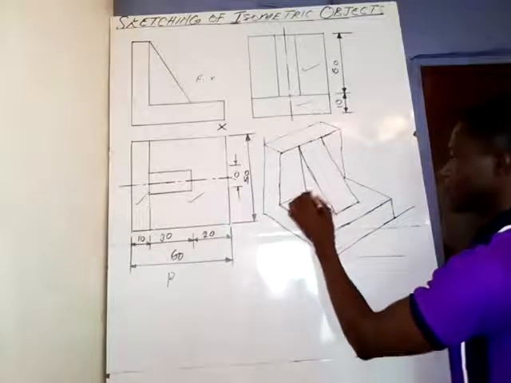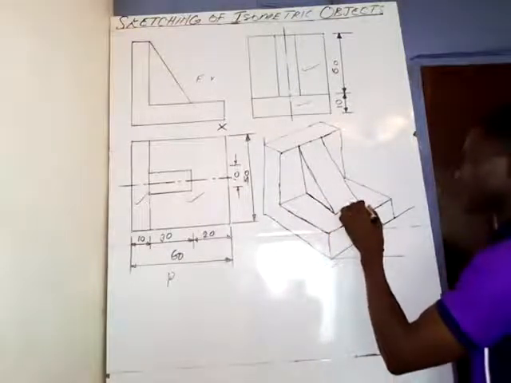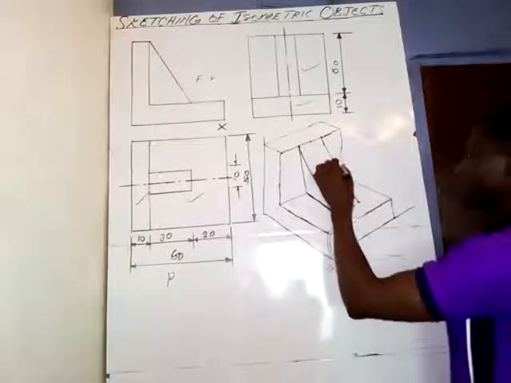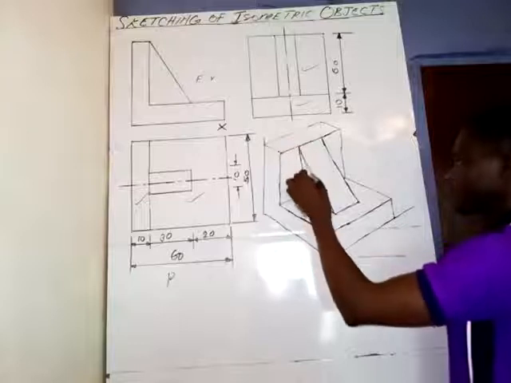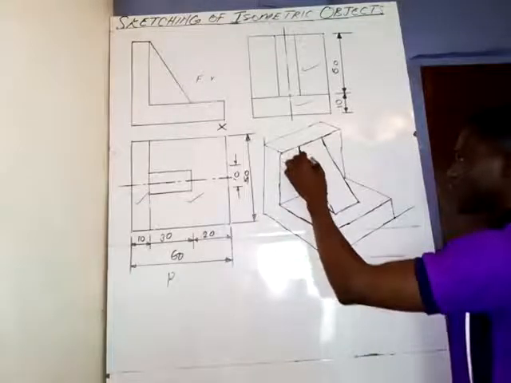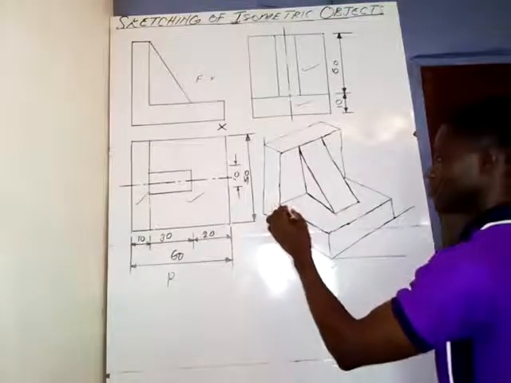So let's bring out the object. I've produced the object. Here it is. I've produced the object free-handed.